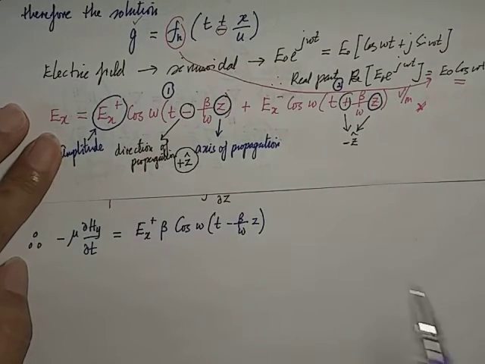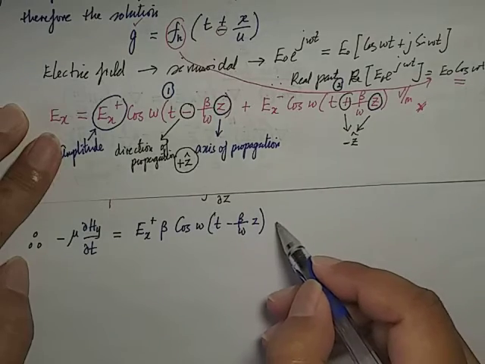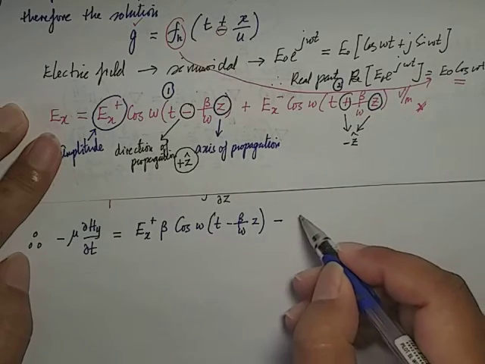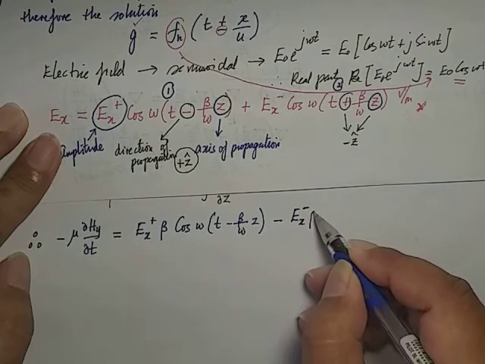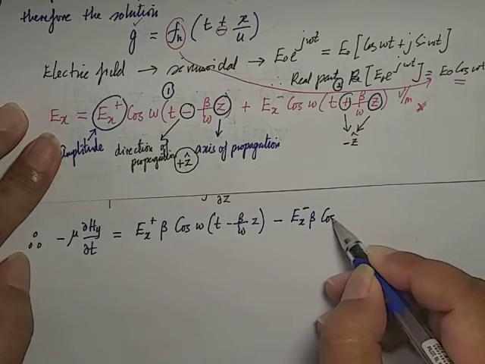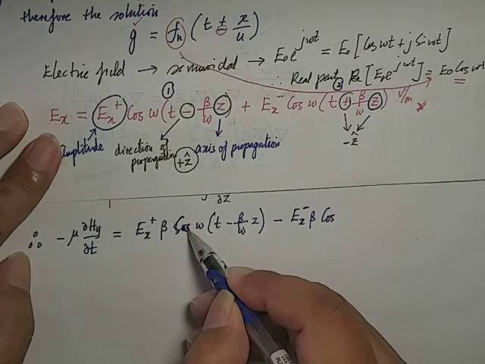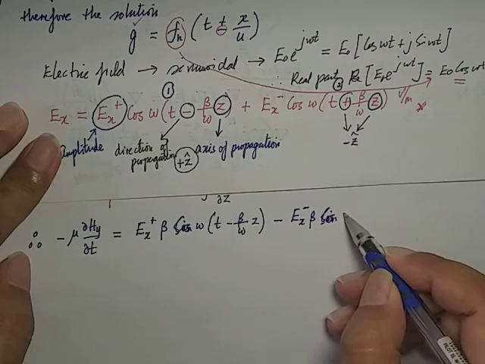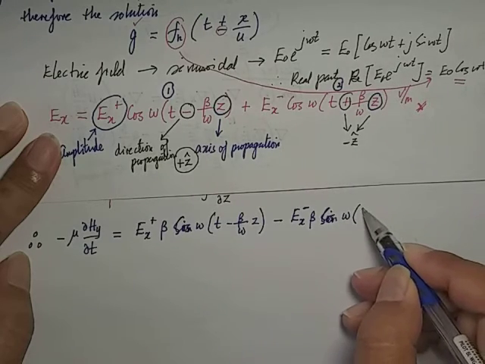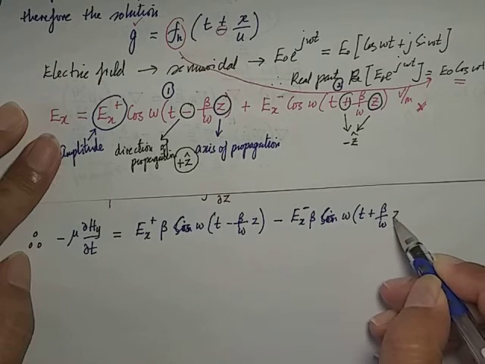Okay, and then for this term, I'm going to differentiate. Now I'm going to have a negative value here, so Ex negative beta, cos... no. So this now changes into sine, and then omega t plus beta over omega z.